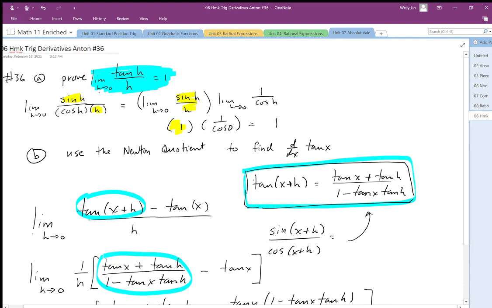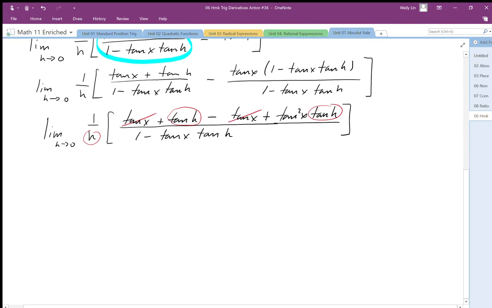Tan h over h, the limit as h goes to 0, is equal to 1. So I want to regroup those. It also means that this 1 minus tan x tan h is kind of getting in the way, so I'm just going to put it off to the side. If I take a closer look at it, this is going to be tan of 0, which is 0, times tan x, which is 0. So this is just going to reduce to 1 anyways.